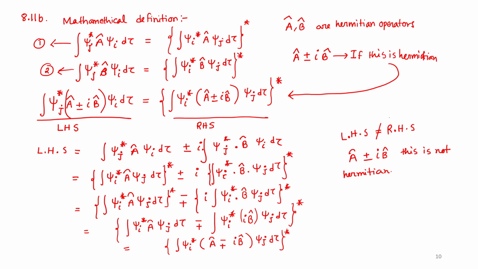Another shortcut process is there. I will also mention it here, to take a Hermitian conjugate. So if my A and B are Hermitian, this dagger is known as Hermitian conjugate. So if the Hermitian conjugate of A is A, then A is Hermitian.